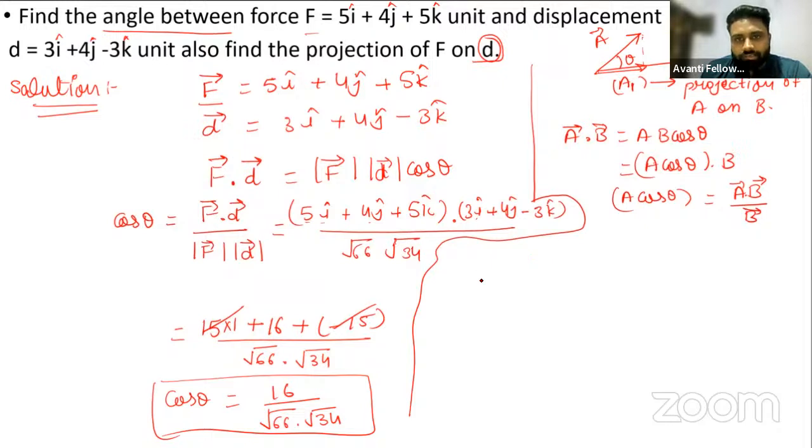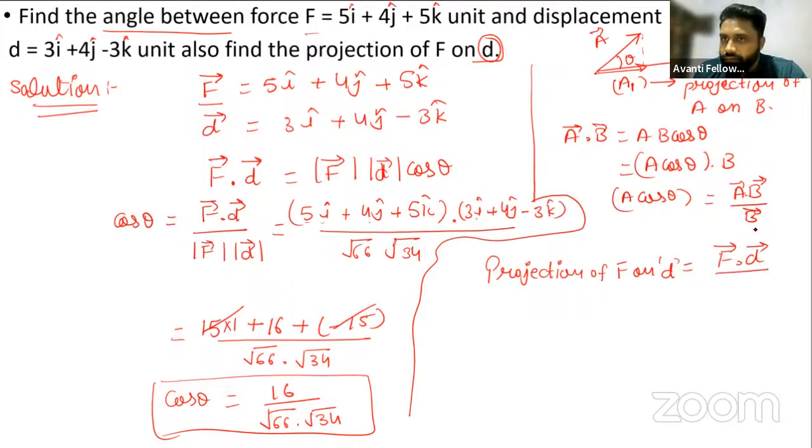You will see that the projection of f on D is nothing but the dot product of both the vectors divided by the magnitude of the vector on which the vector has been projected.